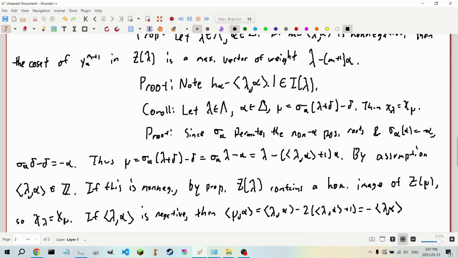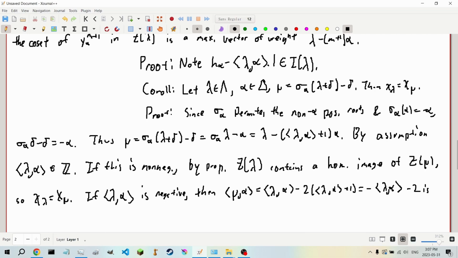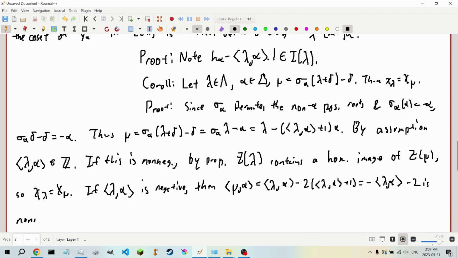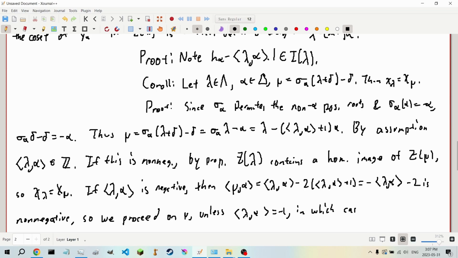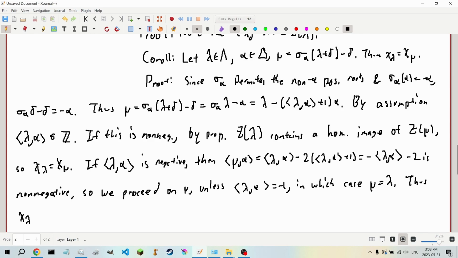Since lambda and alpha is negative, this is going to be positive, minus 2 is non-negative, so we proceed on mu, unless the angle bracket of lambda and alpha is minus 1, in which case we are done by mu being equal to lambda. Thus, once again, chi lambda is chi mu.